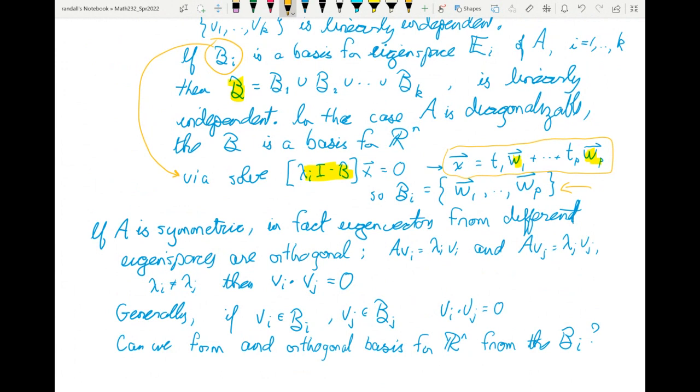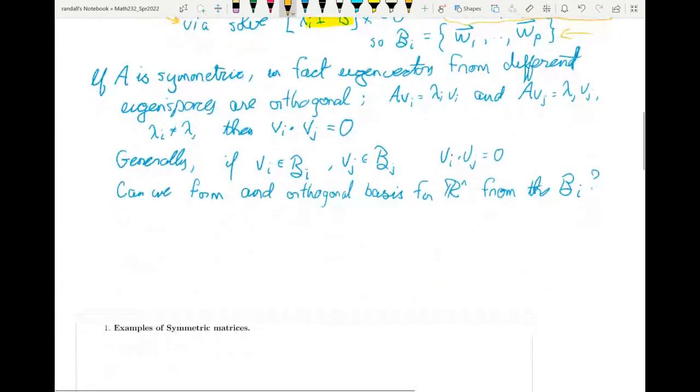They don't have to be, and they typically won't be. When you extract these W1 to WP from the row-reduced echelon form of this coefficient matrix, there's no reason why they should be orthogonal. So you'd have to apply the Gram-Schmidt method to make them orthogonal, and then you'd get an orthogonal basis.